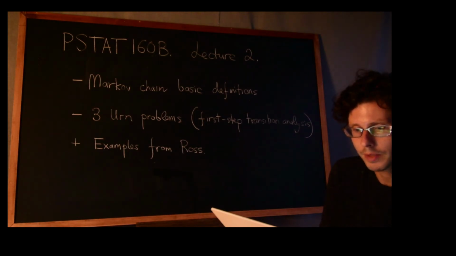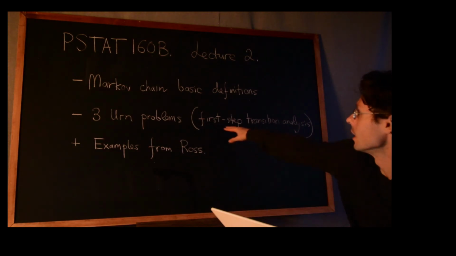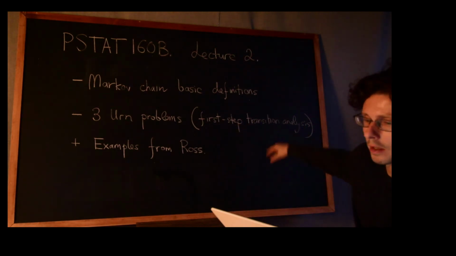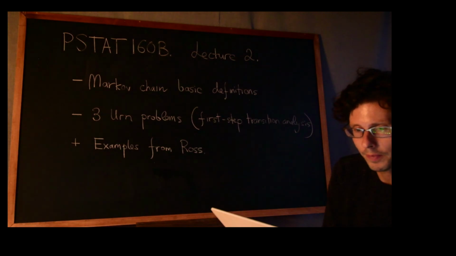And some of the tips and tricks: writing down the state space, getting a feel for the transition probabilities, finding the transition probabilities, and then the goal finally is to really get a handle on this first step transition analysis.